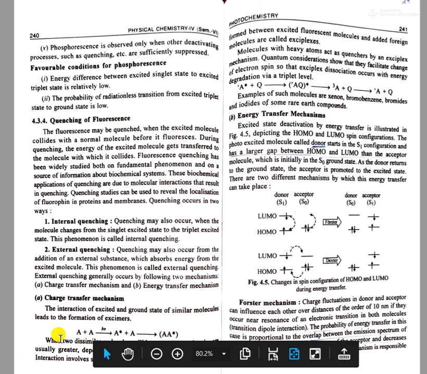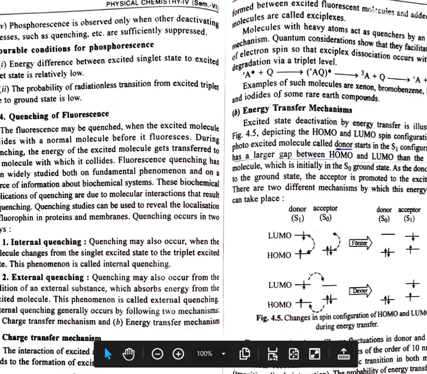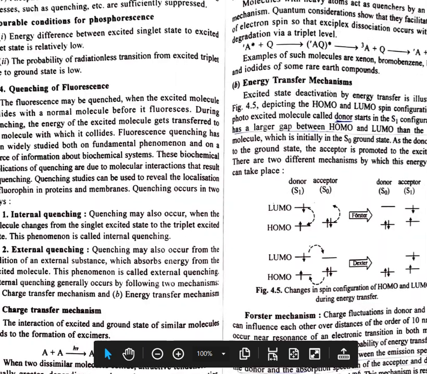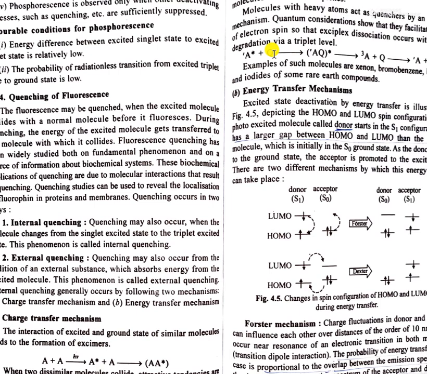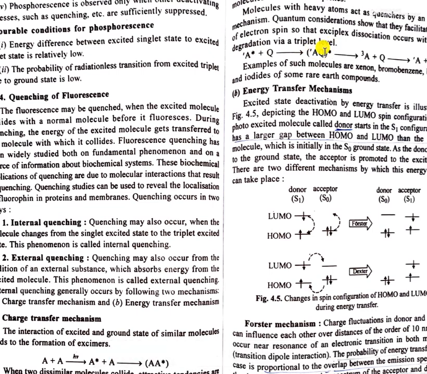Again, when two dissimilar molecules come in contact in a similar way, it forms a mechanism like this, that is A star plus Q giving AQ star. Here the A star will be converted from the singlet state to a triplet state, that is A3, and the energy of this A star will be transferred to Q, which is the quenching molecule, the quencher.